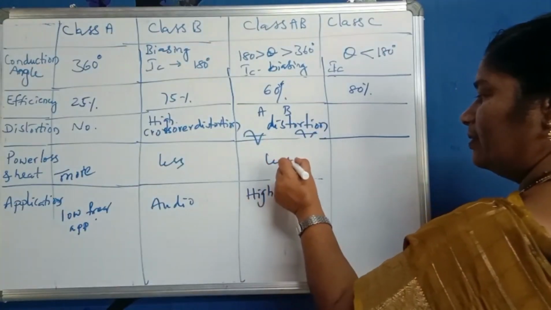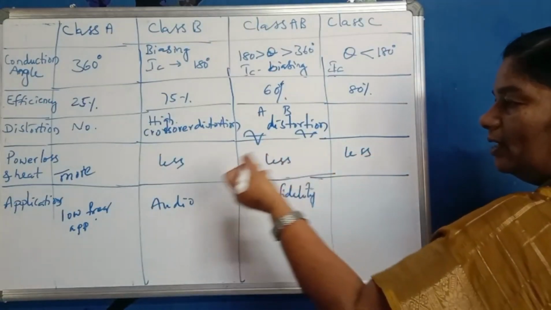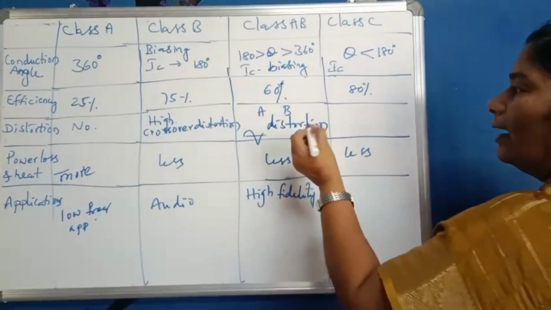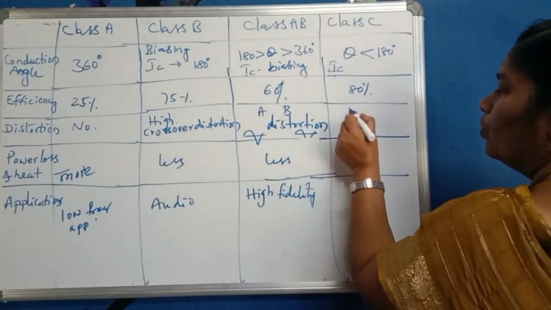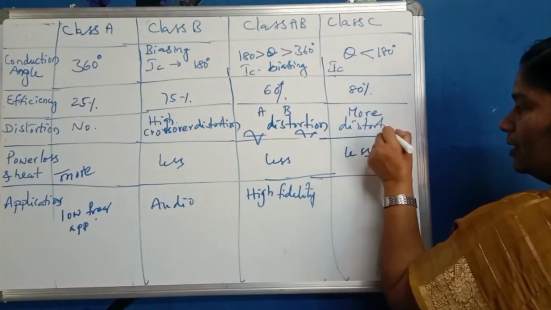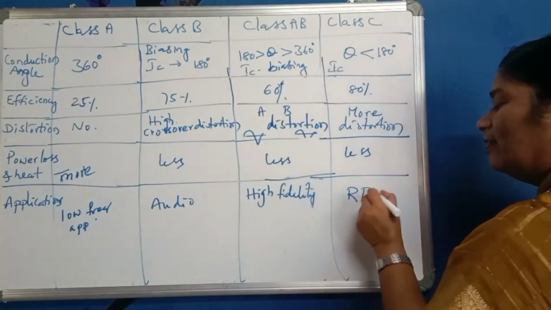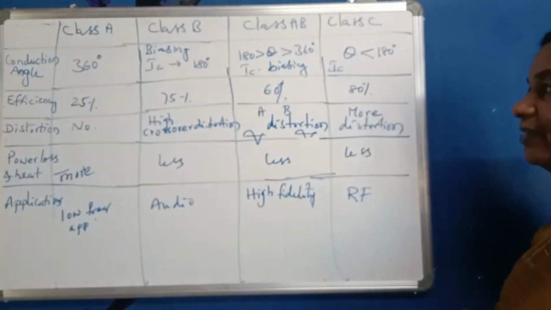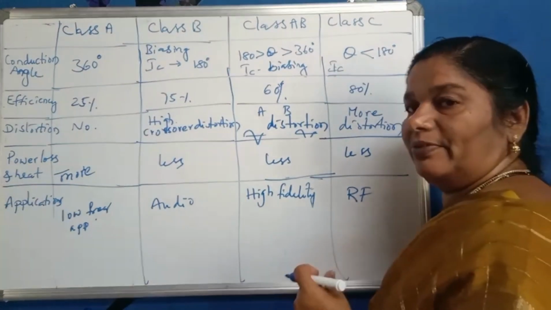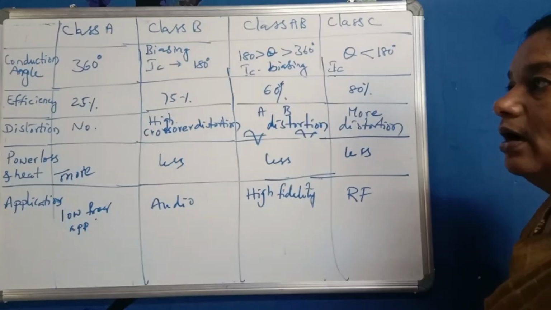All the amplifiers will have power loss obviously, but the power loss will be more here and goes on decreasing. And here also more distortion is present. And then it is used for RF signals, radio frequency signals. So this is the classification of power amplifiers, which are called A, B, C and AB.